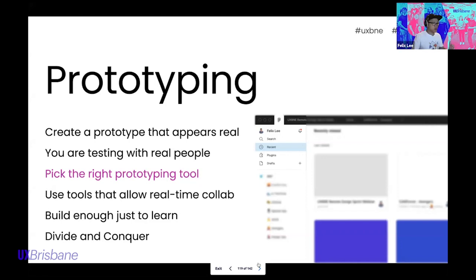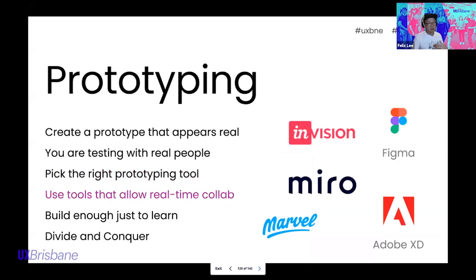How would you want to prototype this out? With the current remote situation, try to use tools that allow real-time collaboration. Here are some of the brands that allow everyone on the tool to work together in real time.